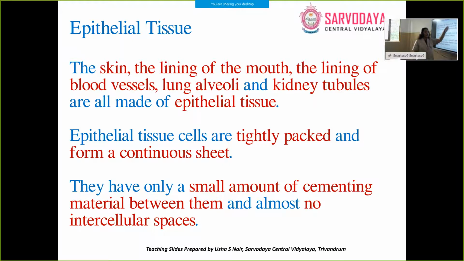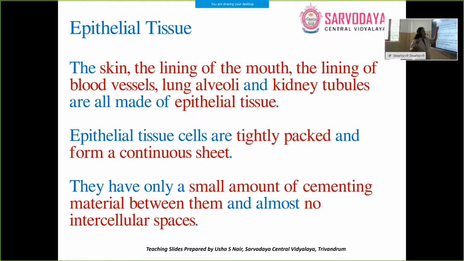The lung alveoli, the structure in the lungs, and the kidney tubules, there also you can't touch, are all made up of epithelial tissue. This is important.